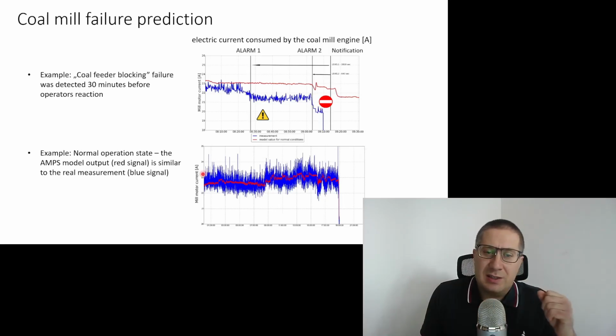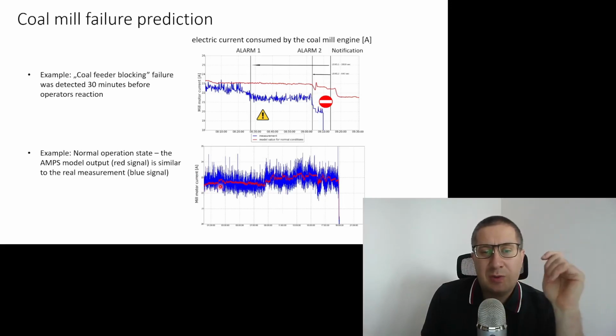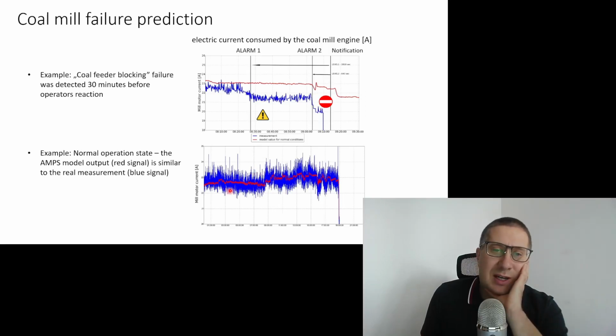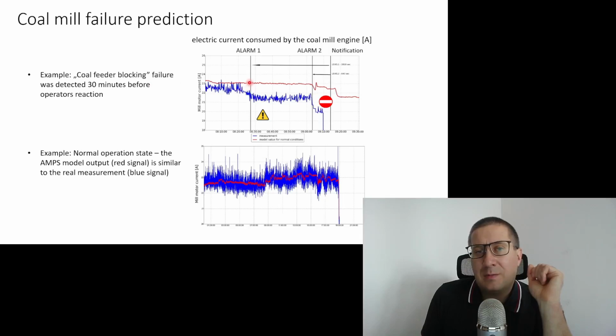Here is the result. In normal operation, the red signal is the model output, while the blue signal is current consumed by the mill. As you can see, it's associated with a high noise. And here we can see the coal feeder blocking failure. It was detected half an hour before the operator's reaction.